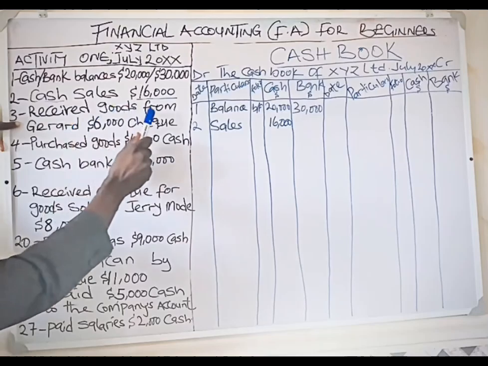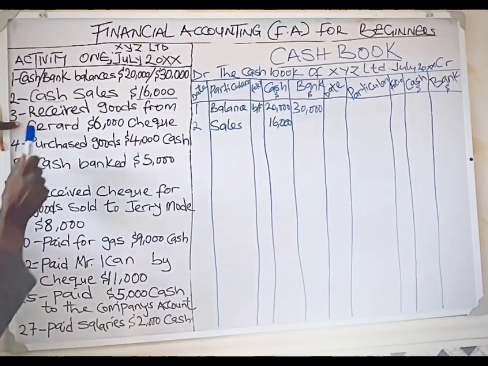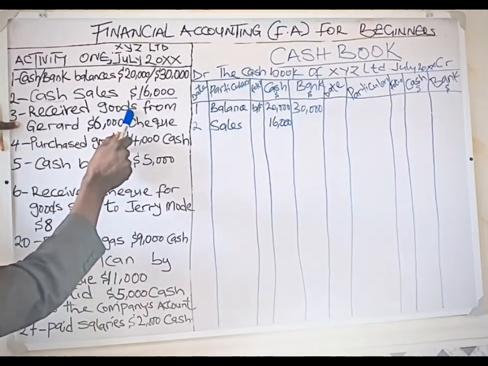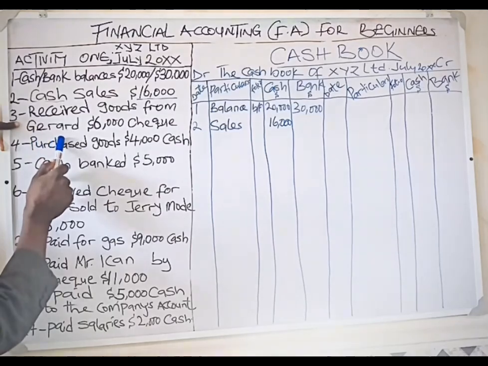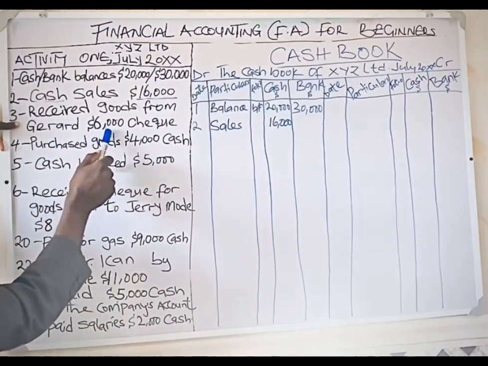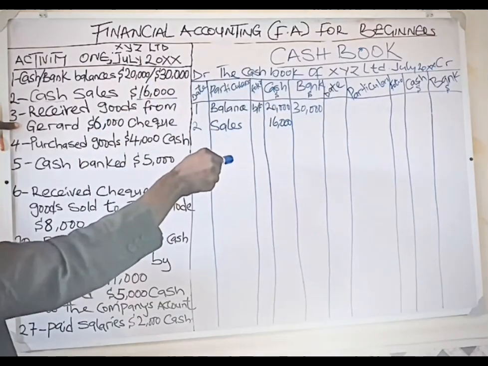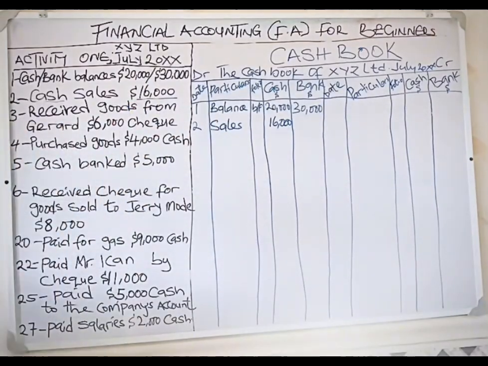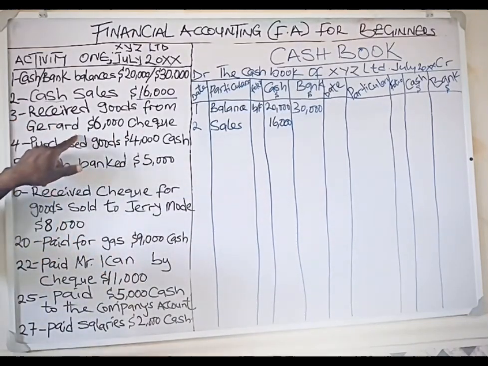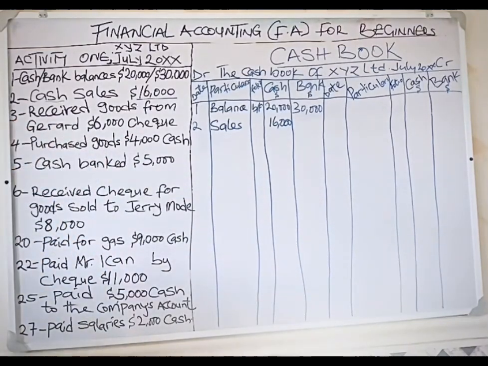We are not receiving cash. We are receiving goods from Gerard, $6,000 check. That is, we are paying for these goods that we are receiving. So this is a credit transaction.